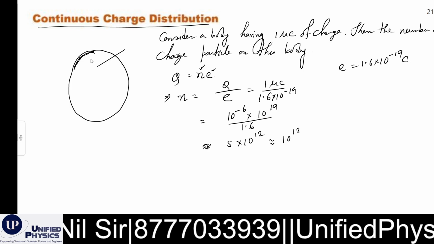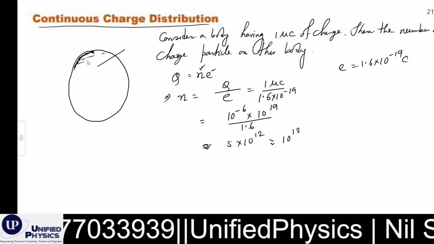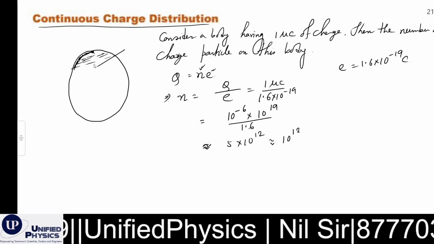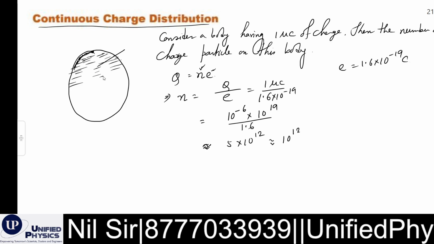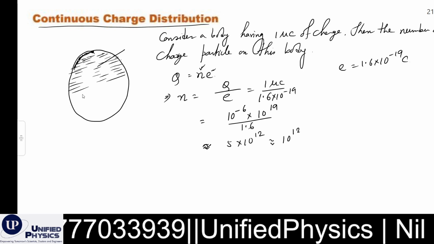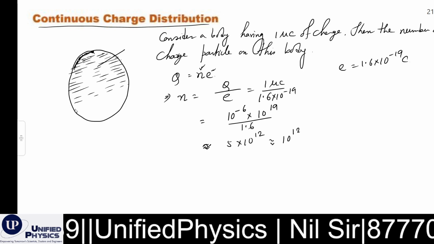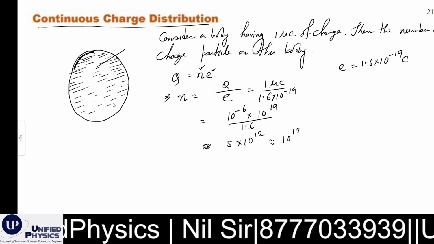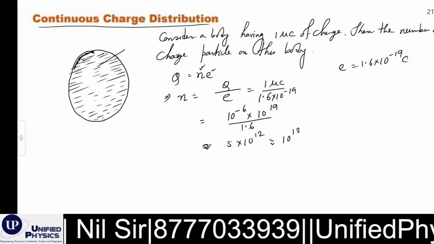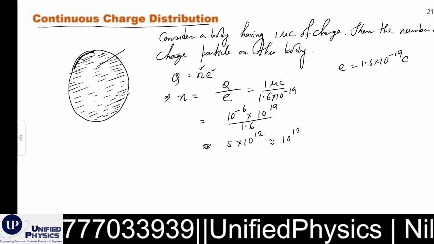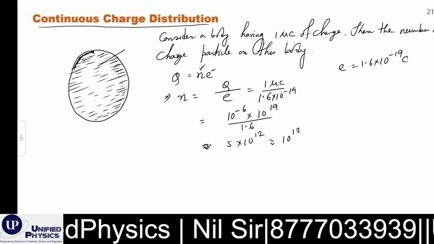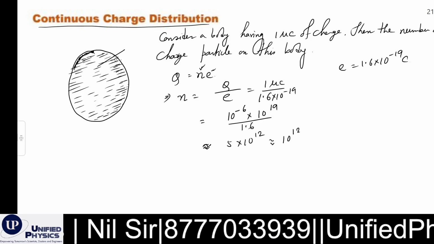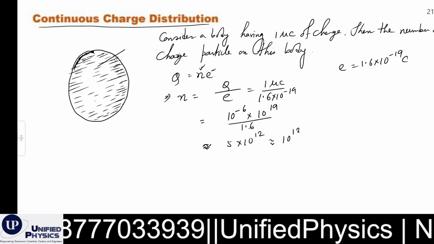For example, take negative charge here: their concentration is so enormous that we can say it is continuously distributed. If we take even more, they will overlap. In this way this charge distribution is actually continuous.